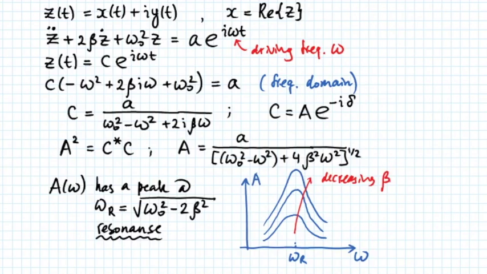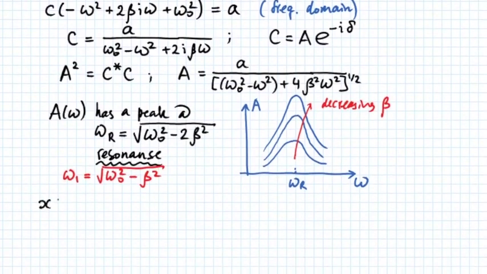Another thing to note is that the resonant frequency is not the same as the frequency of free damped oscillations. Recall that we had the frequency of free damped oscillations given as the square root of omega naught squared minus beta squared. So that's a difference.